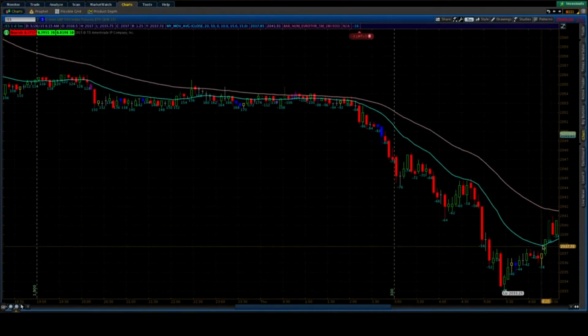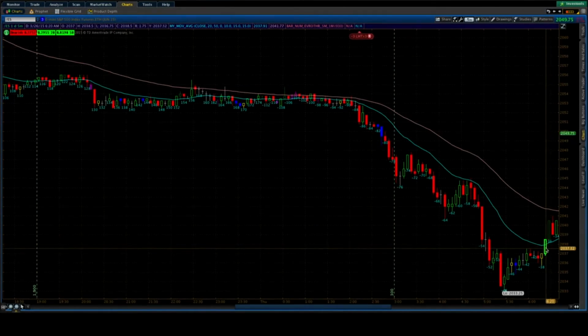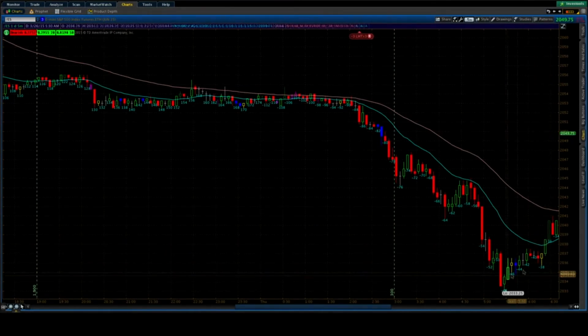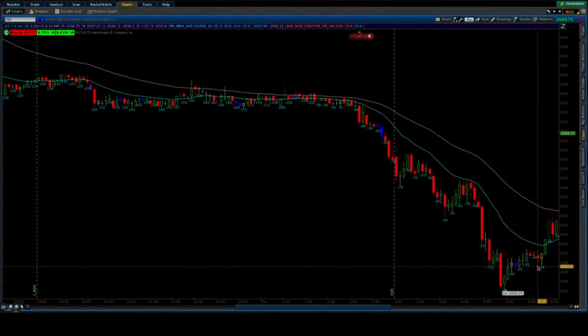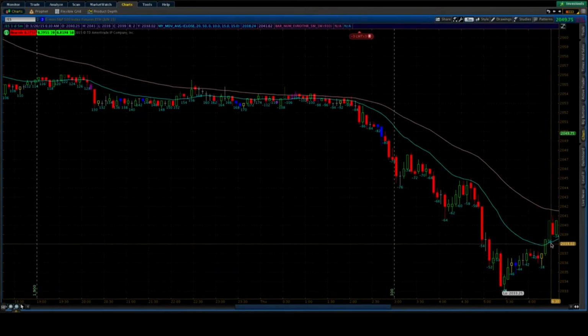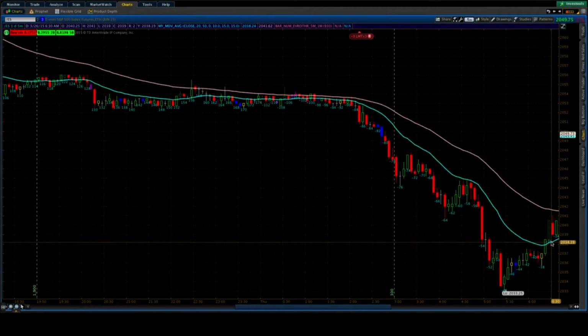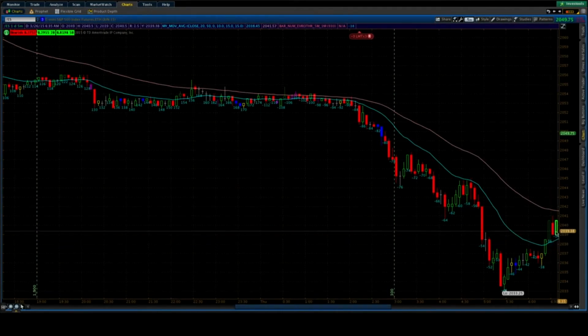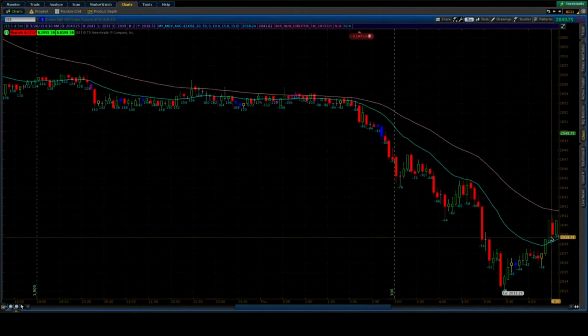Where is a good place to buy in a recent new bull trend? Well, the moving average. So if you can buy here or close to the low of this bar, I would definitely go in there.